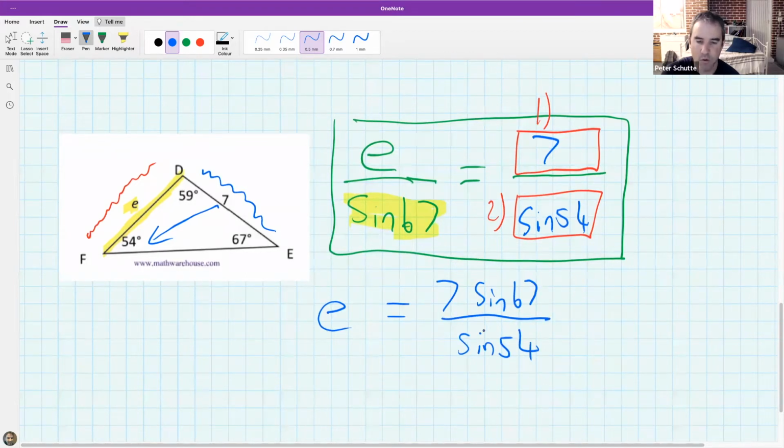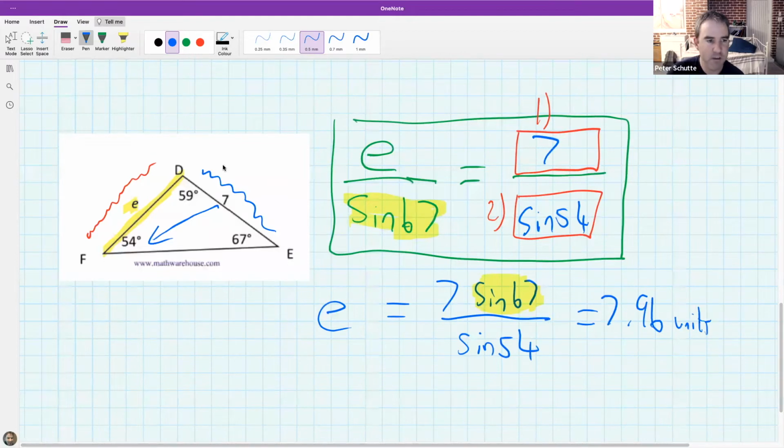Basically this 67 has just been brought across from the other side, and that's why it's there. And if I key this into my calculator, you do indeed get 7.96 units.